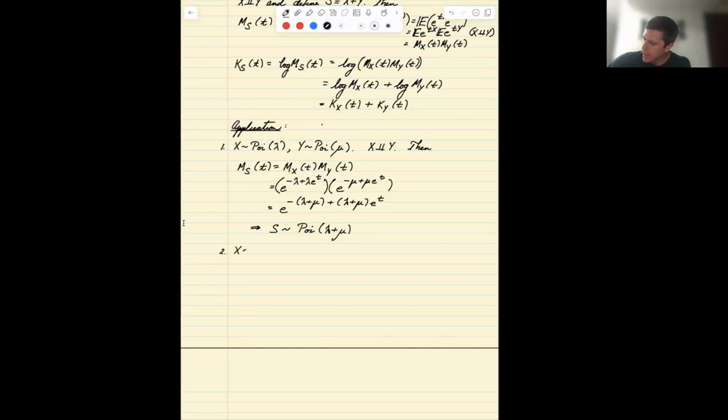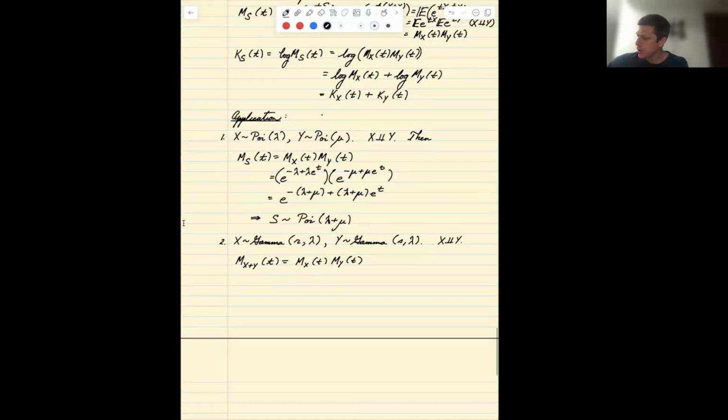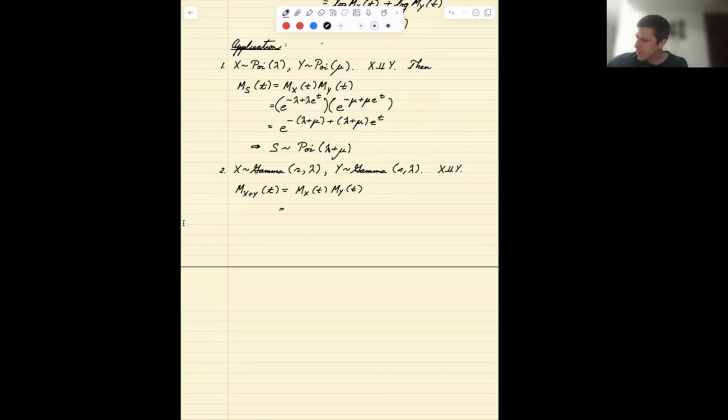Another application is if we have X gamma with parameters r and lambda, Y gamma with parameters s and lambda, and again X independent of Y, then the moment generating function of X plus Y is the product of the moment generating functions. We've already computed the moment generating function of both of these.